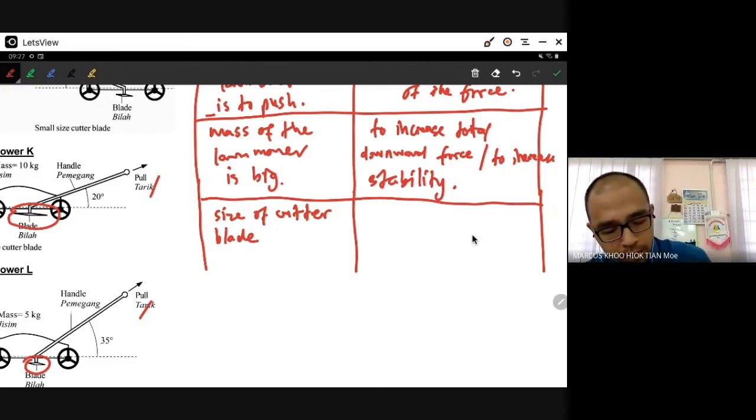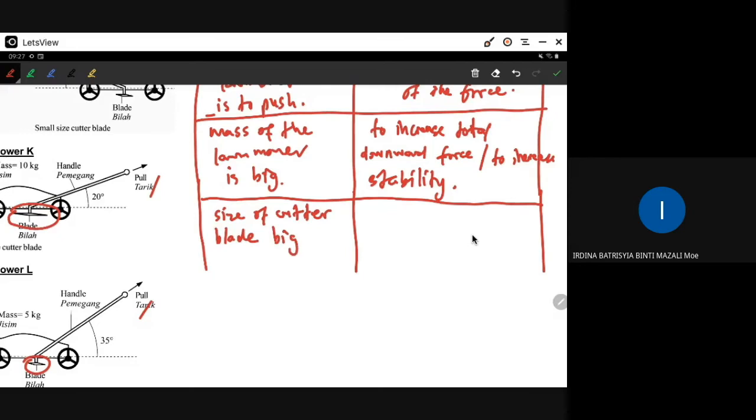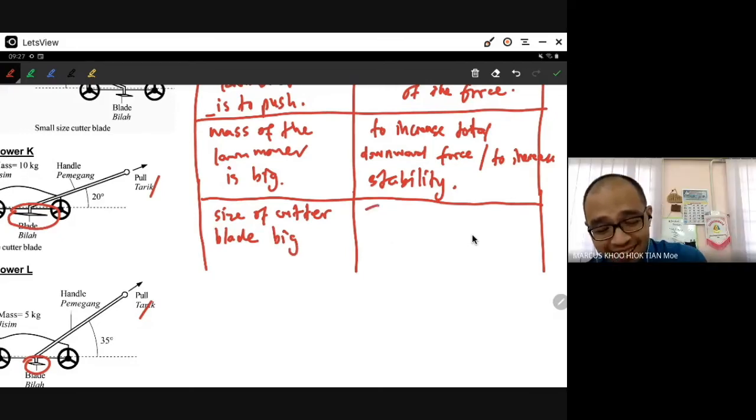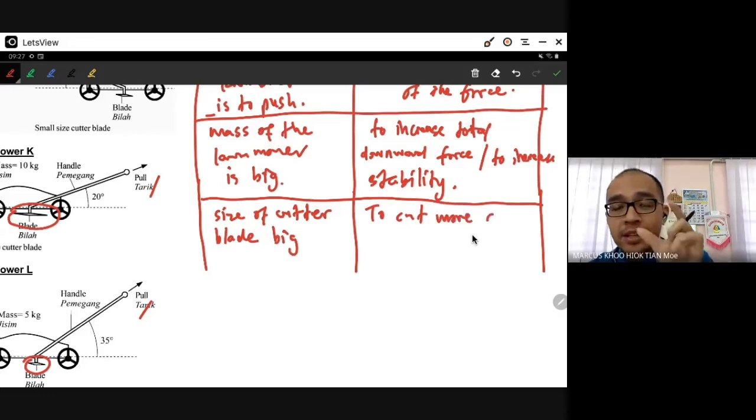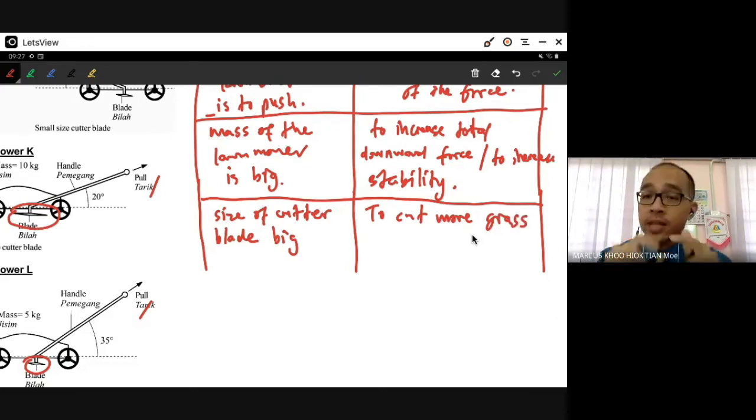Okay, why should the size of the cutter be big? To cut more grass. Yeah, to cut more grass. If the size of the cutter is tiny, you know how slow you have to travel? If the size of the cutter is very big, dia boleh memotong lebih banyak rumput pada satu kali.